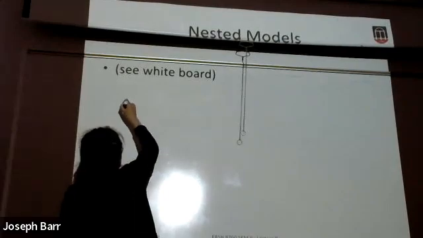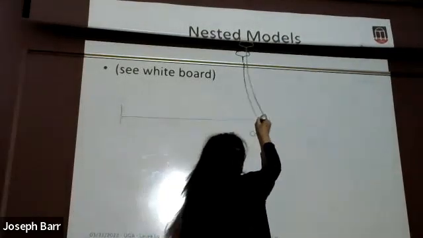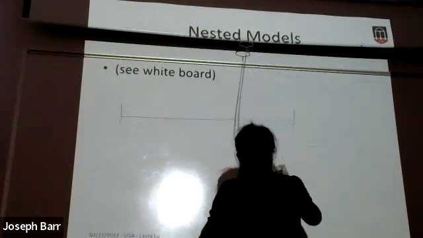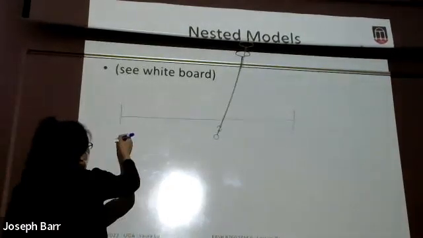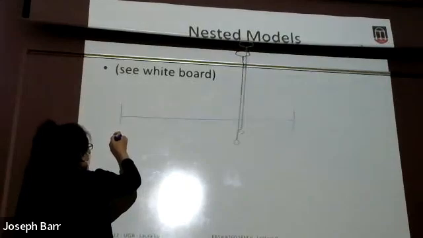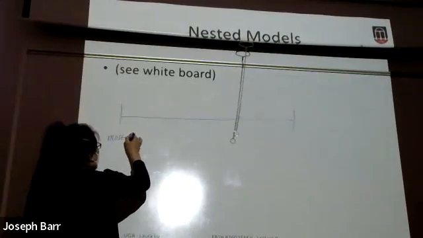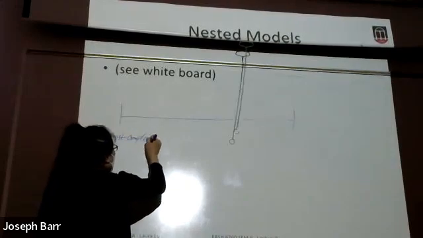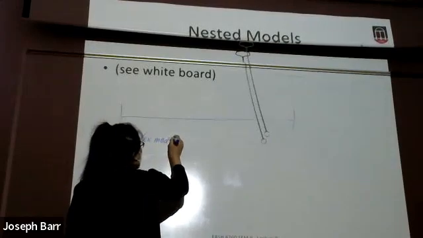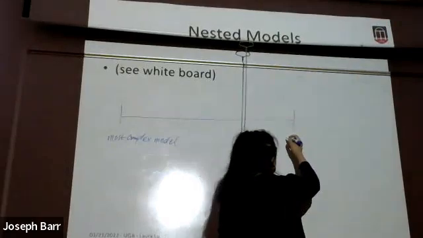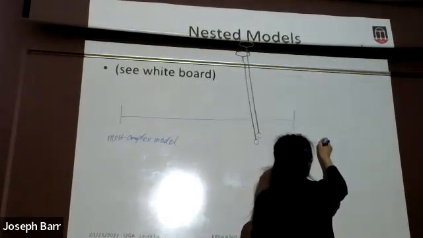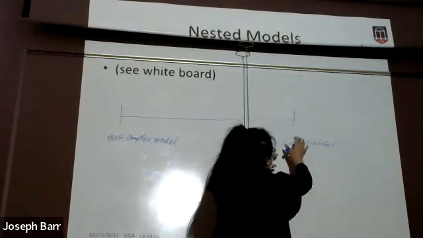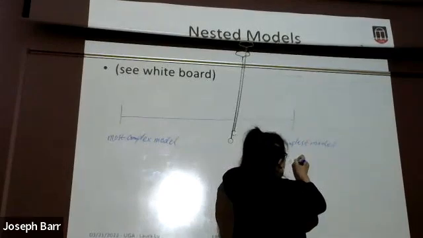Suppose we have a model complexity bar, and this is maybe the most complex model, and this is the simplest model. So here we have the independent model.